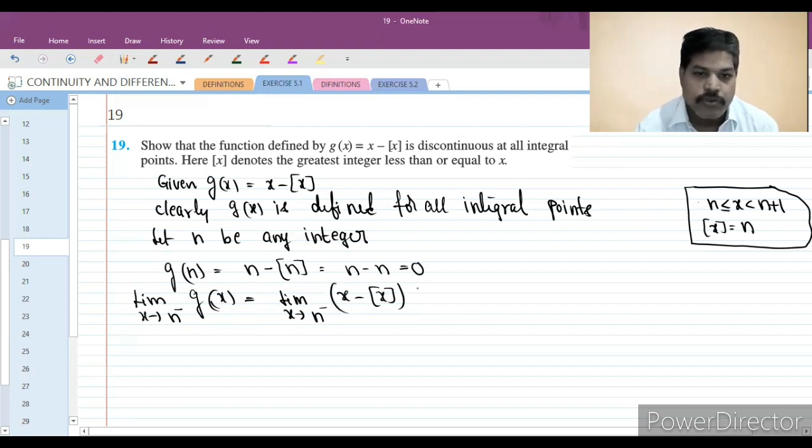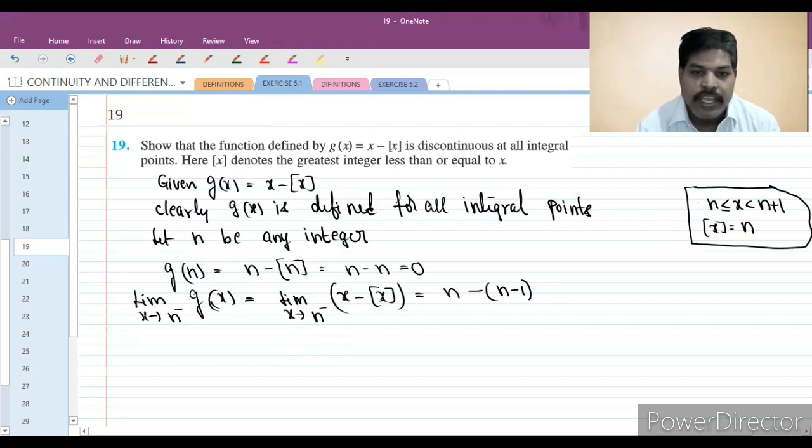So here x value is less than n, meaning the step x value will become n minus 1.